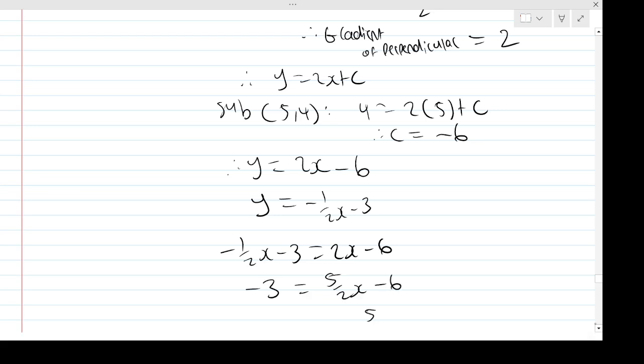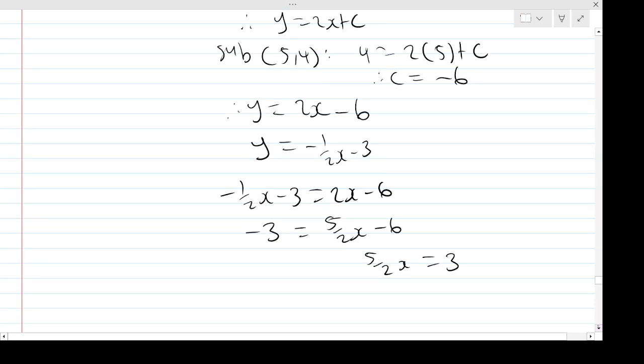If I then add 6 to both sides, I get plus 3 equals 5 over 2 x. Then if I divide by 5 over 2, 3 divided by 5 over 2 gets me 6 over 5. So that's my x point.